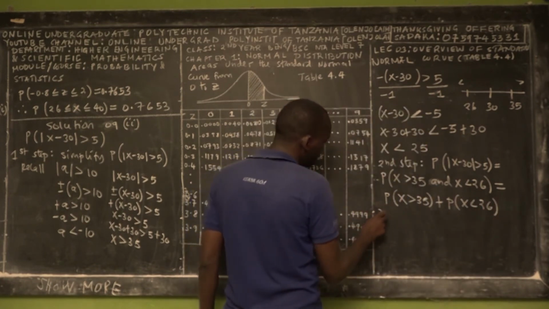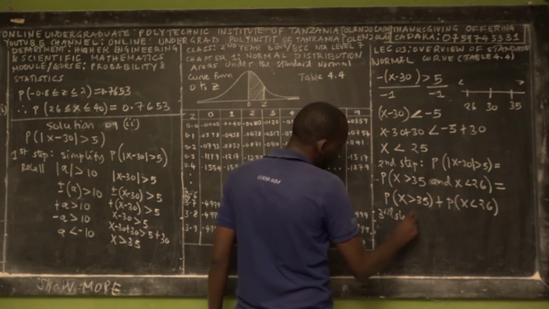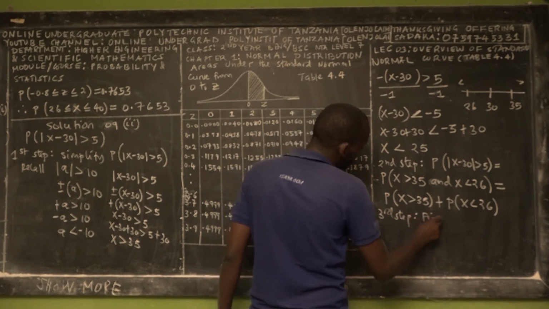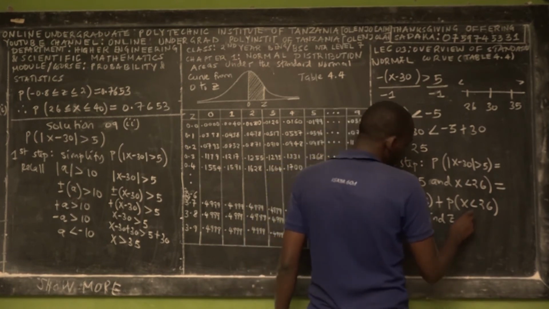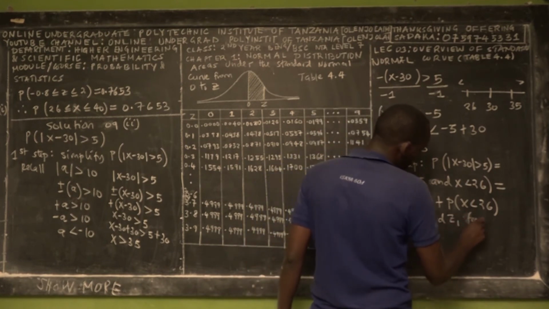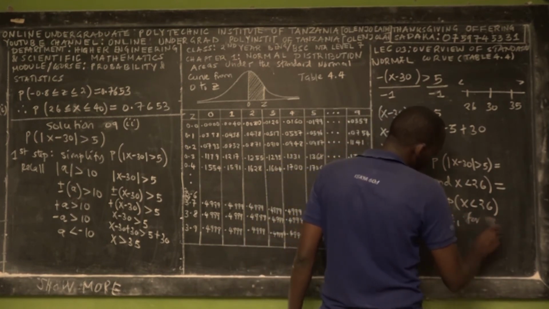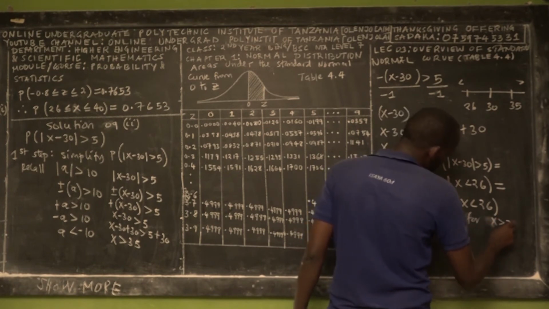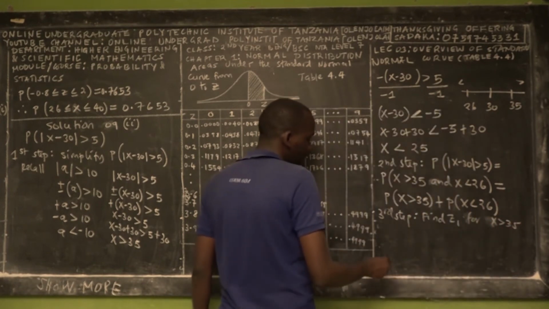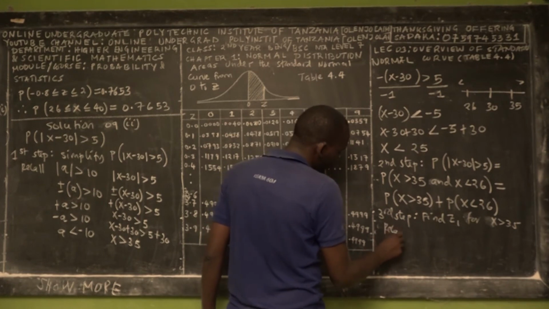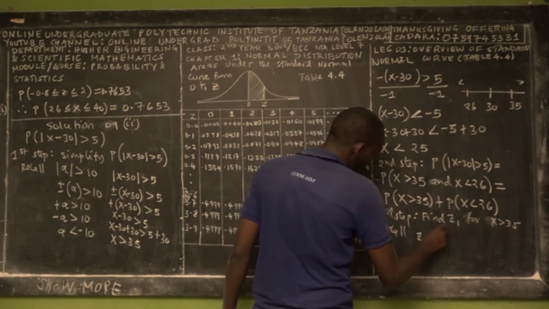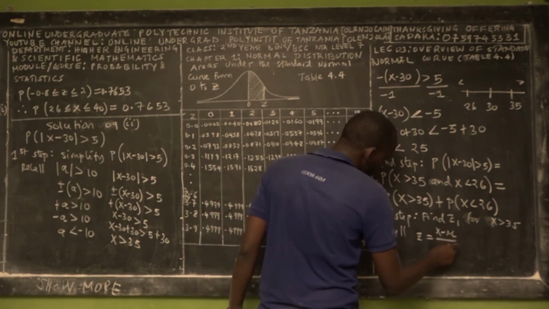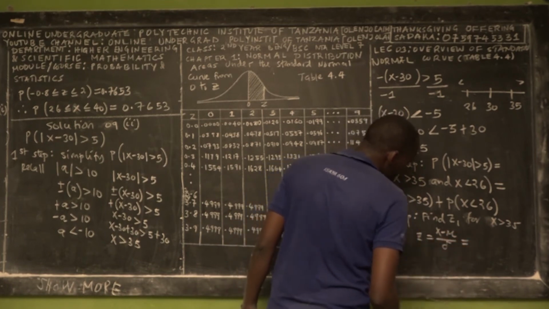So we go to the third step. You have to find the Z value corresponding to x greater than 35. That is the value x minus the mean over the standard deviation.